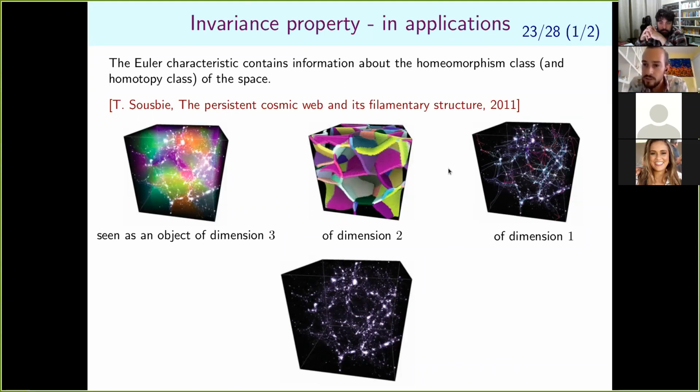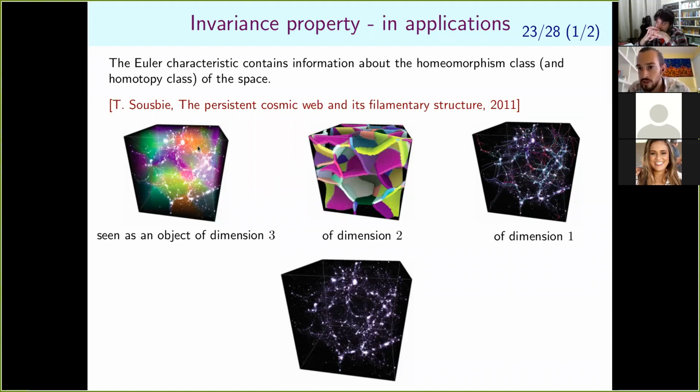So actually, it's not obvious to describe the shape of the cosmic web because you can look at it at different scales. You can see it as an object of dimension 3 if you look at the holes, the cavities, the bubbles, the areas that form the galaxies.